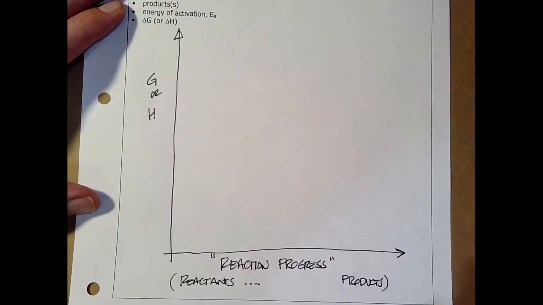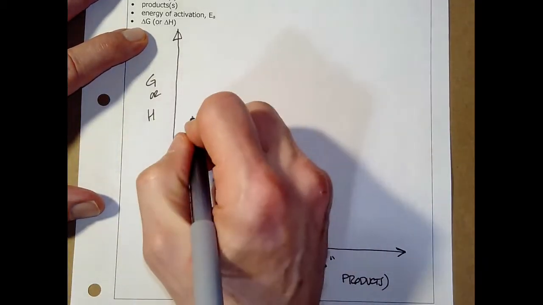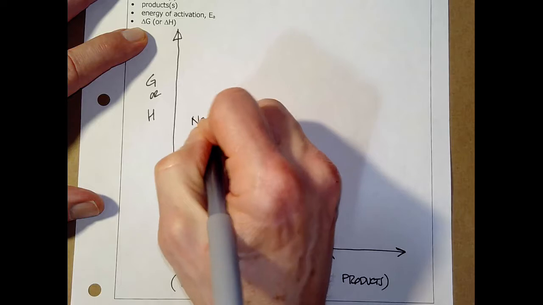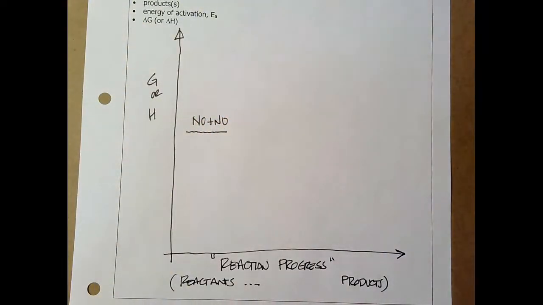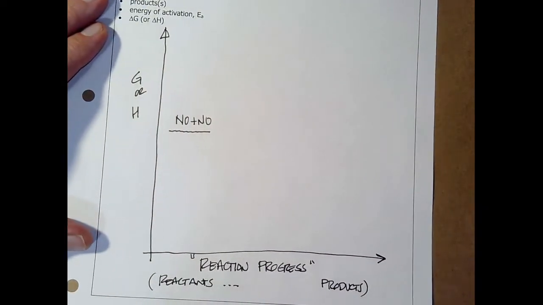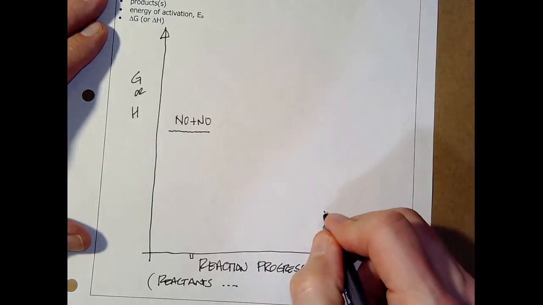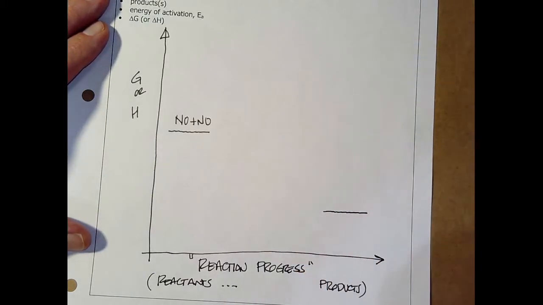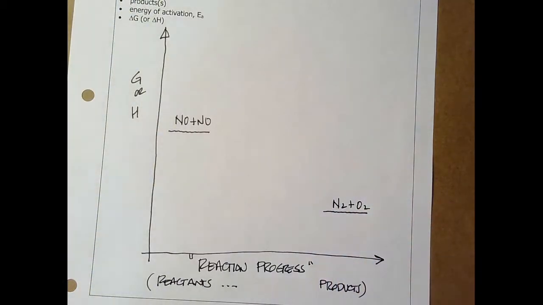Well, if I could sort of magically measure the enthalpy or the free energy of my reactants, NO plus NO. I have some kind of machine and it measures it. So I put the reactants in there, hit a button, and it does that. If I could check 10 minutes later or something, what I'd find is, here's the energy of my products. Here's my N2 and O2.